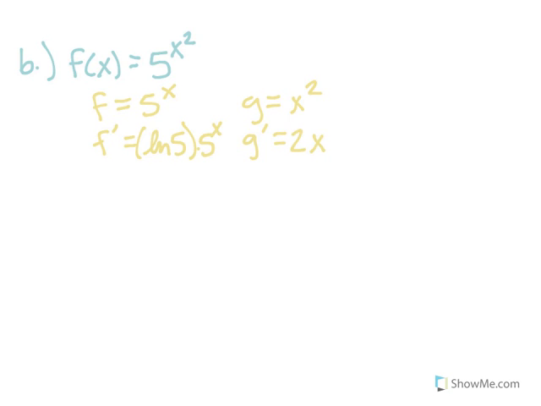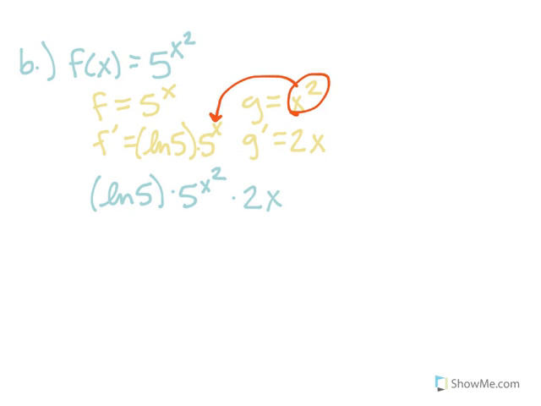So we're going to carefully put together our chain rule. It's f prime of g, so here's my g, and I plug it into this x. That's going to be ln of 5 times 5 to the x squared, and then we multiply all this by g prime, which is 2x.